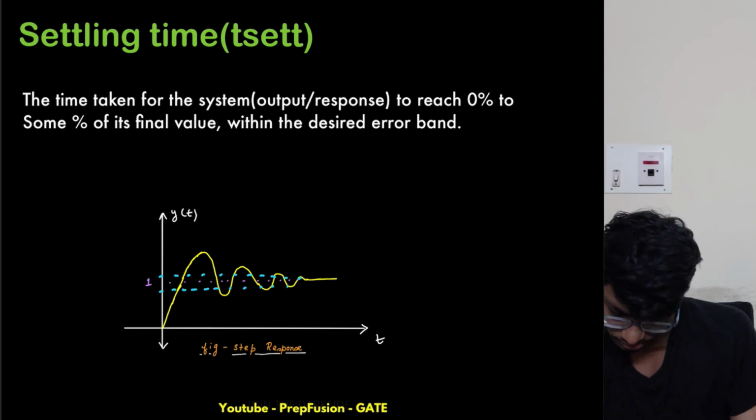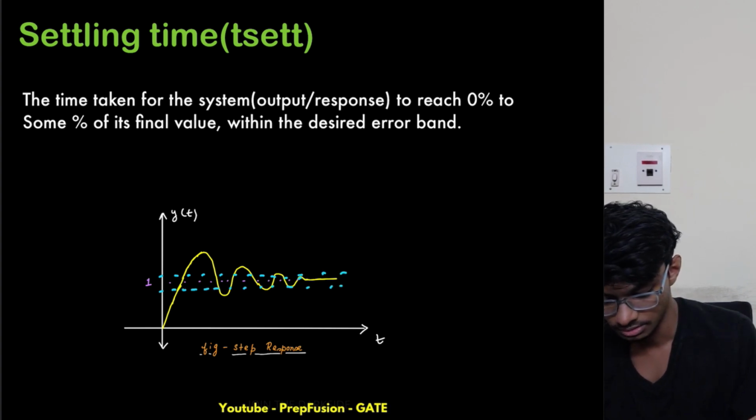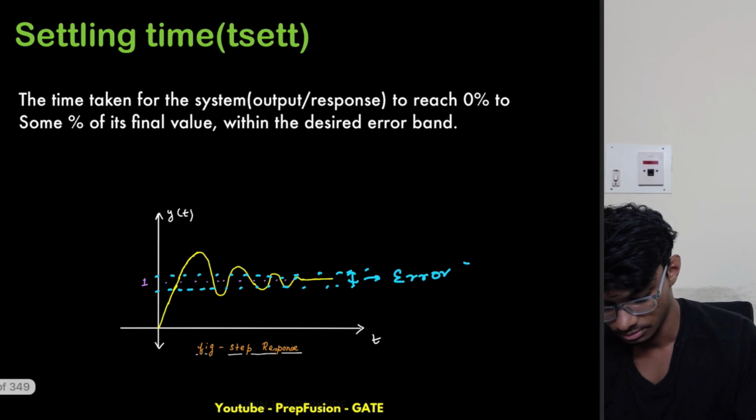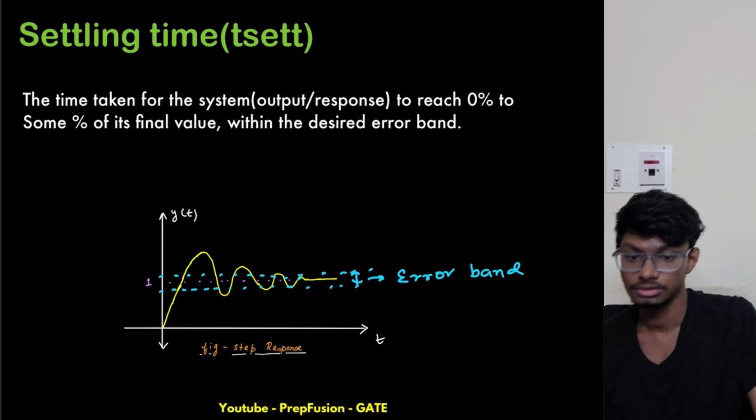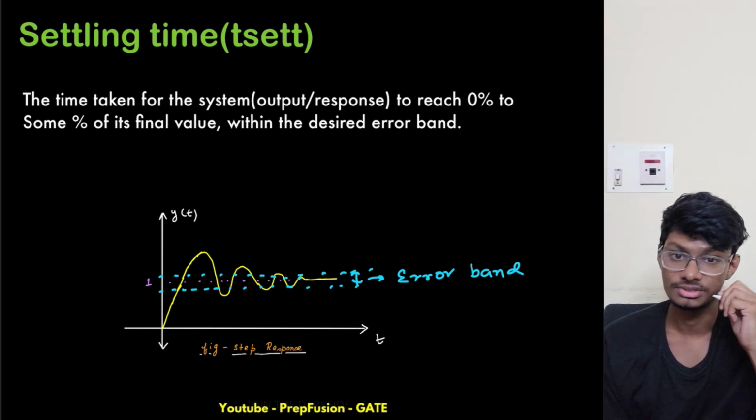Output response must lie within this error band. So this is known as the error band, okay? So output has to settle within this error band.